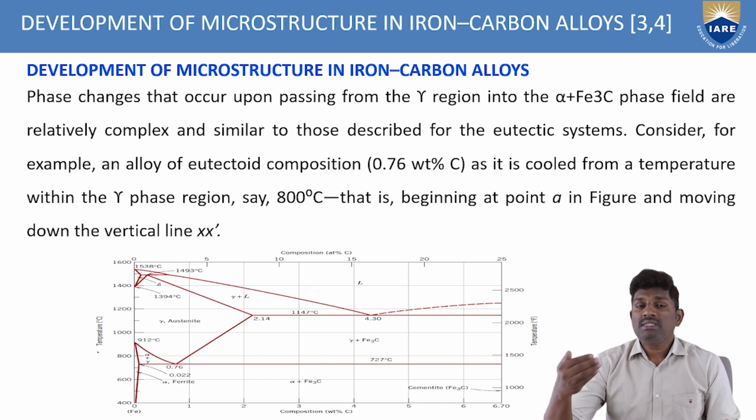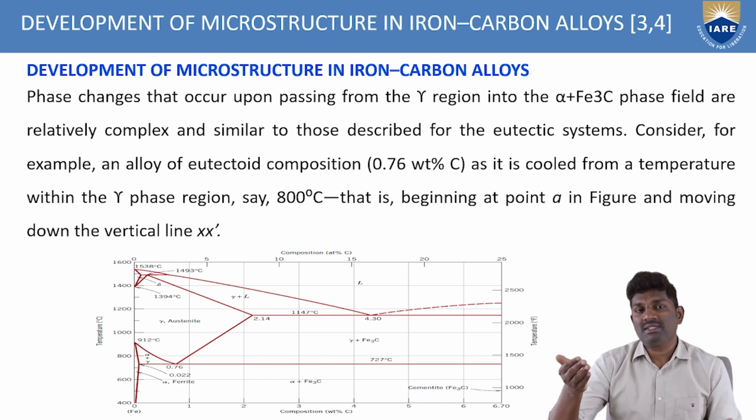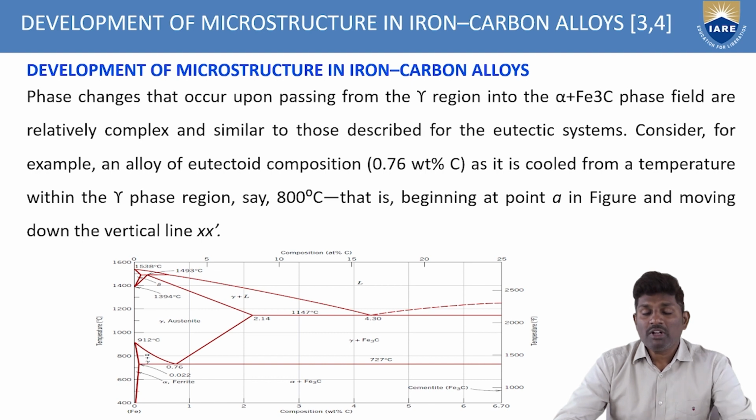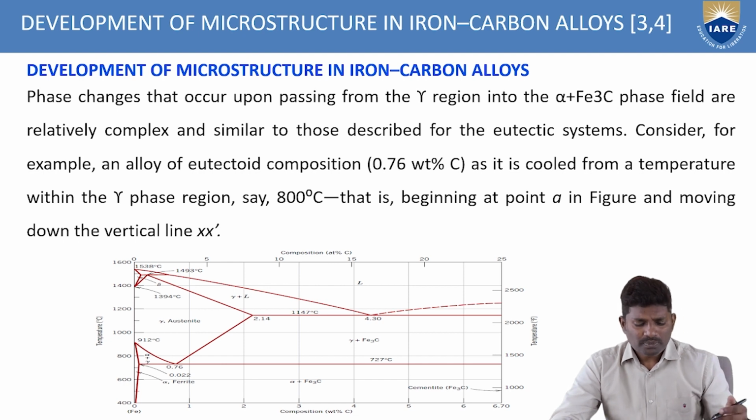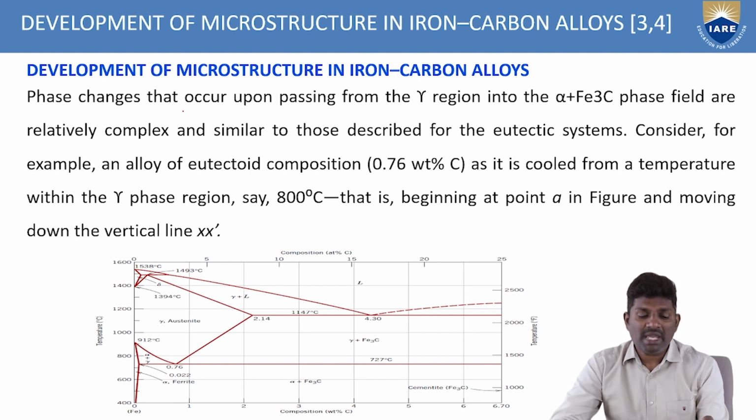Now, there is a transformation of these crystal structures, which we will see one by one. The development of microstructures in the iron carbon alloys: the phase changes that occur upon passing from the gamma region into the alpha plus Fe3C region. This is how the microstructure transforms from one phase to another phase, from gamma to alpha plus Fe3C.